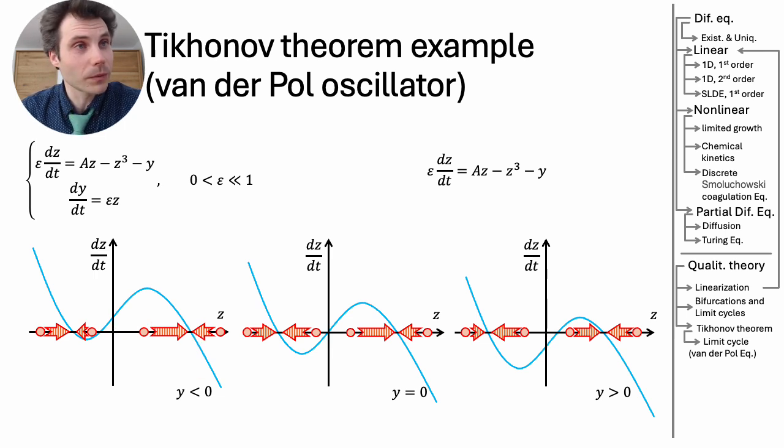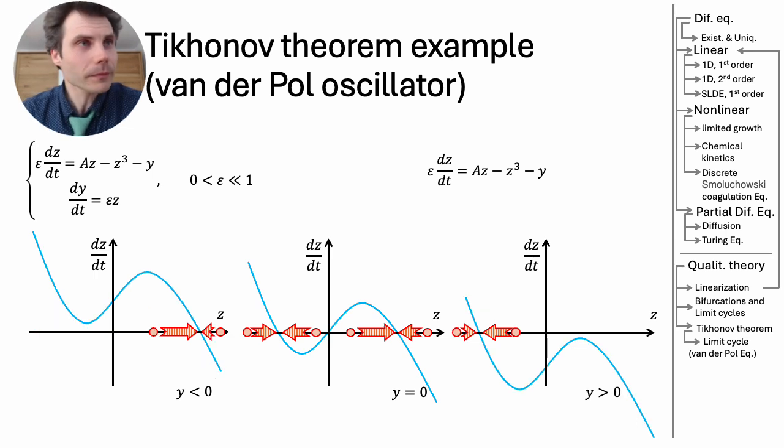But if y becomes either too negative or too positive, the bifurcation happens, and two stationary points merge and disappear. Here just the rightmost remains, and here the leftmost one remains.